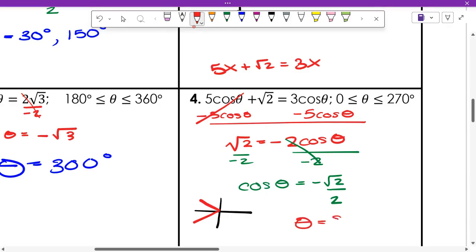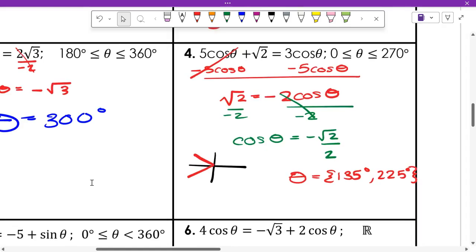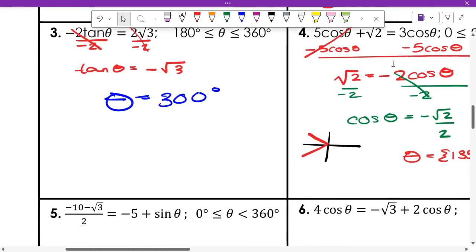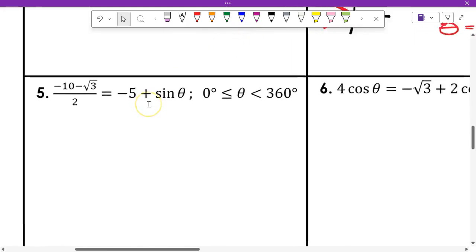So theta is equal to 135 degrees. And right here in quadrant 3, it's 225 degrees. Okay, that's it. It wouldn't be any other answer if I added or subtracted 360, because again, my restrictions are between 0 and 270 for this one. Okay, so this one's a bit different.